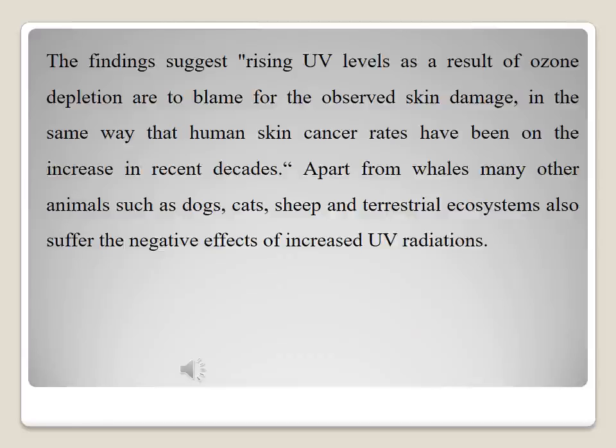The findings suggest that rises in ultraviolet radiation levels as a result of ozone depletion are to blame for the observed skin damage, in the same way that human skin cancer rates have been on the increase in recent decades.